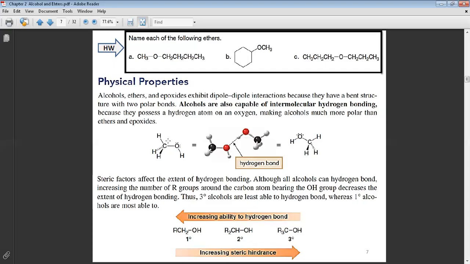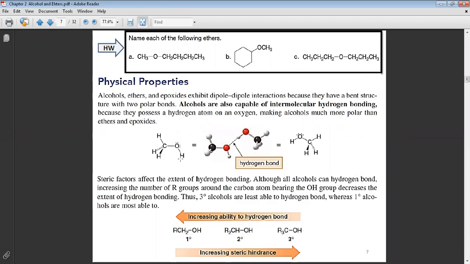Yes, exactly. Alcohol is also capable of intermolecular hydrogen bonding. That means alcohol can also make a hydrogen bond. Why? Because alcohol has a hydrogen atom bonded to the oxygen.